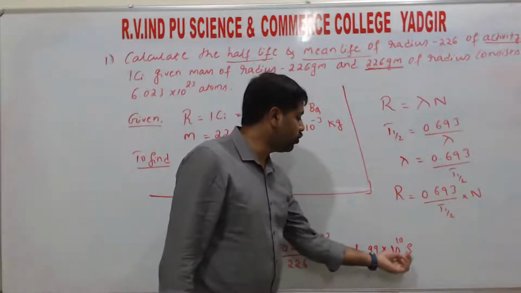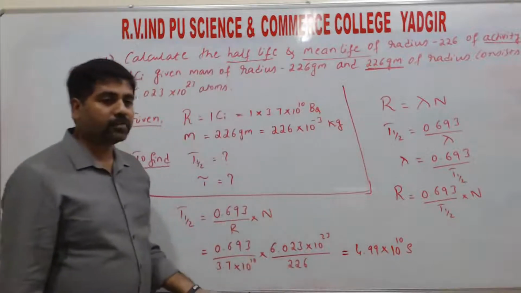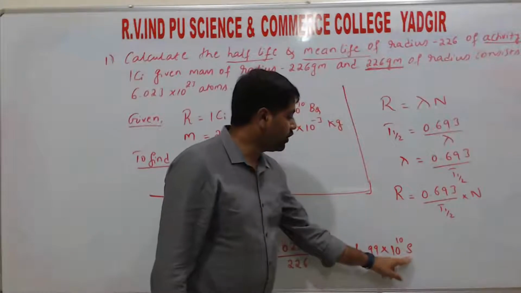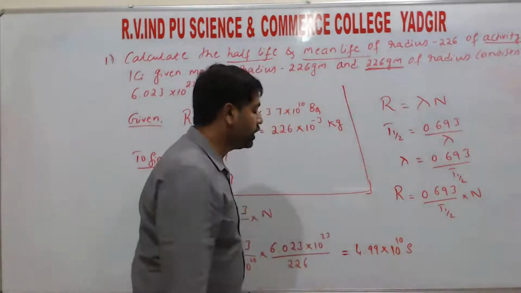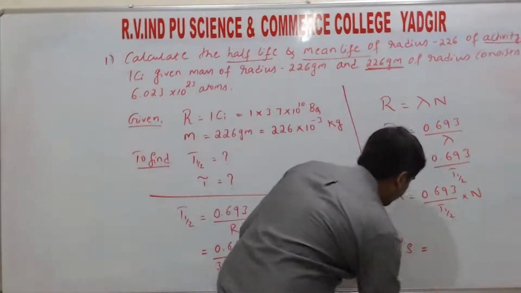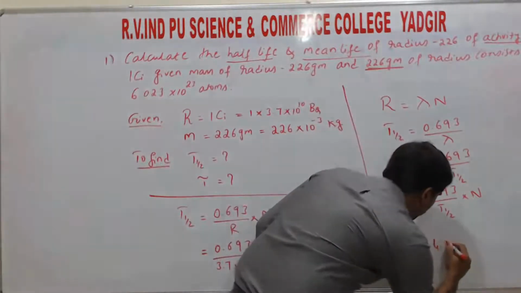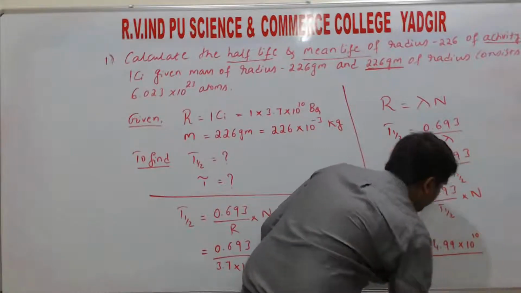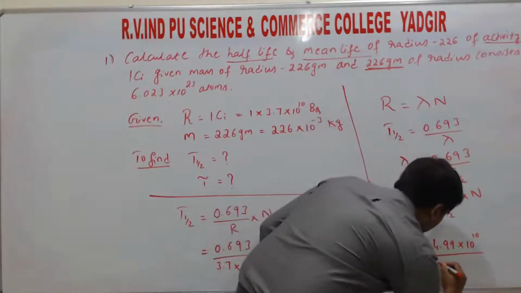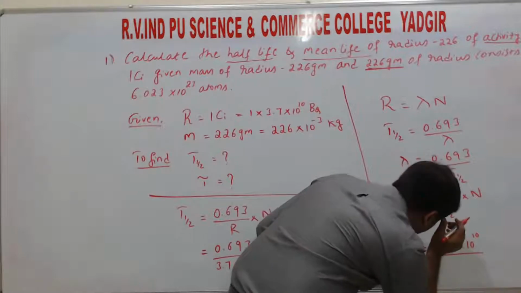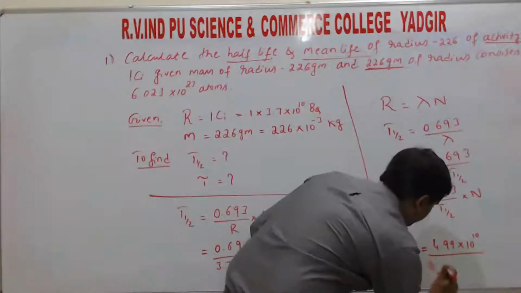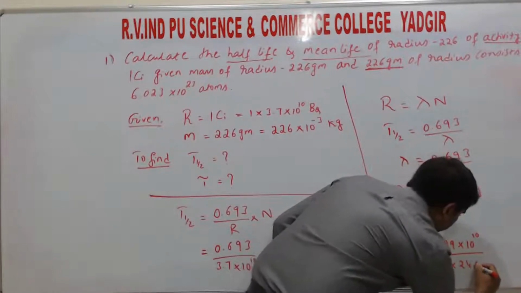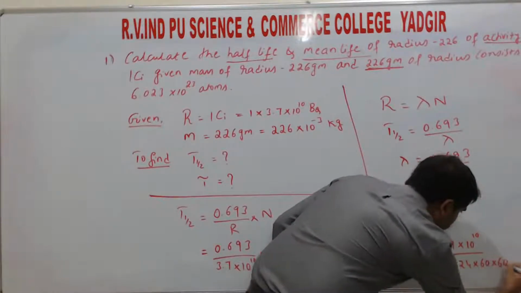Here we need to convert the time period from seconds to years, right? This is in second. So we need to divide 4.99 into 10 to the power of 10 by 365 into 24 into 60 into 60.